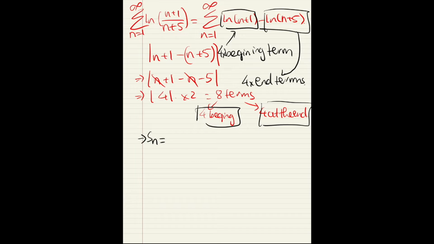S of n equals ln of 1 plus 1 as the first term. For the second term, we just raise it by 1, so ln of 1 plus 1 plus 1. The third term is ln of 1 plus 1 plus 1 plus 1.